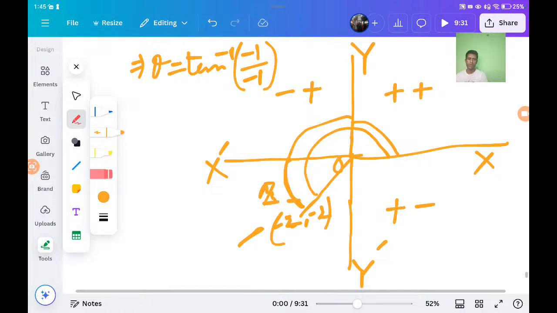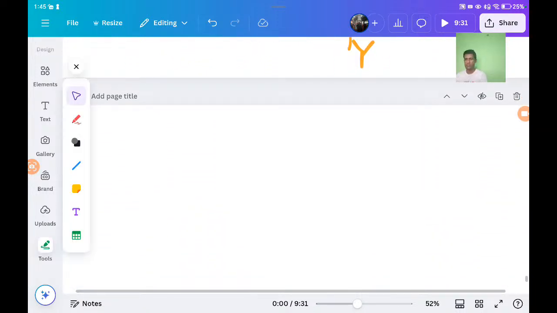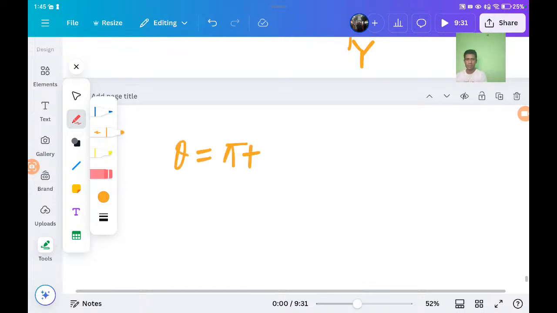So we are getting theta equals pi plus pi by 4, equals 5 pi by 4.